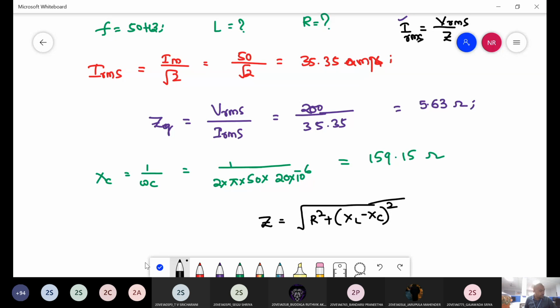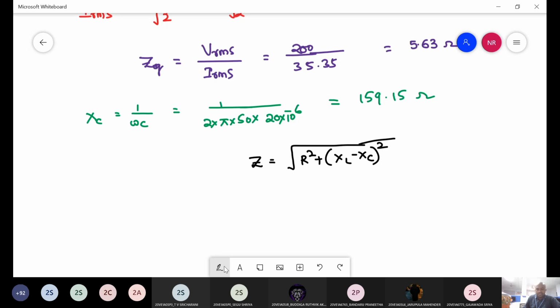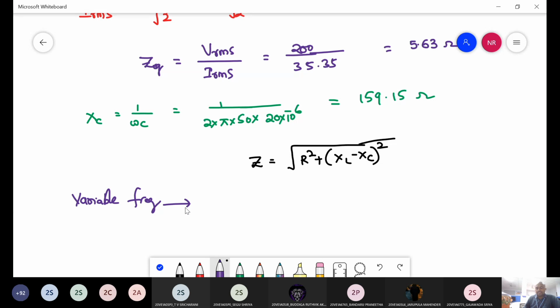The current is maximum at 50 amps when the supply frequency is set to 50 Hz. If it is variable frequency, we will do one thing. When the frequency varies from 0 to some value, at some point XL is equal to XC.